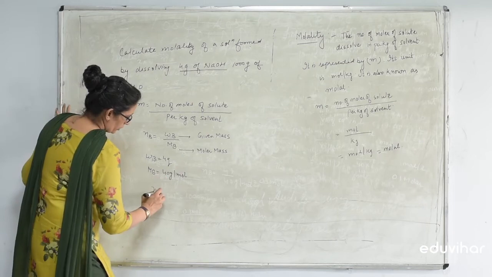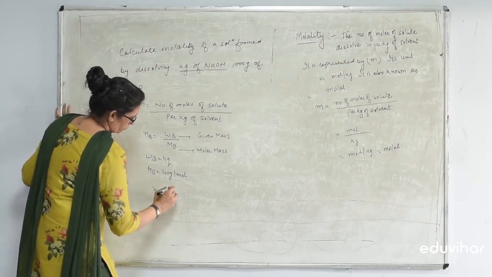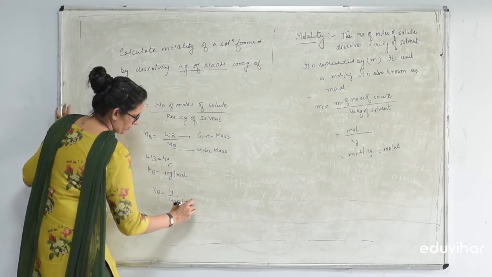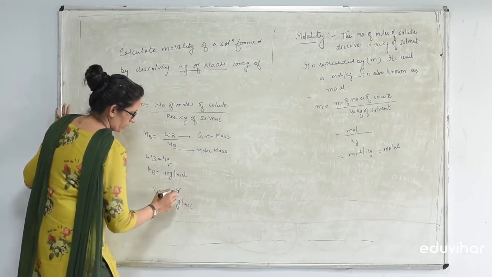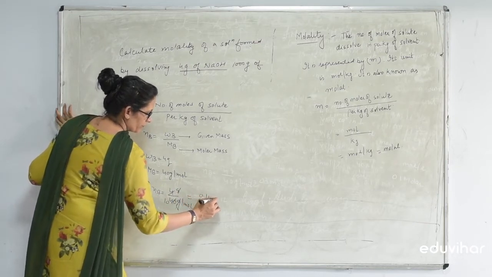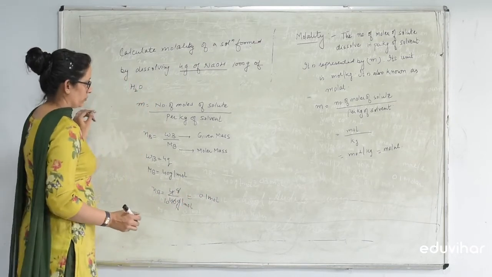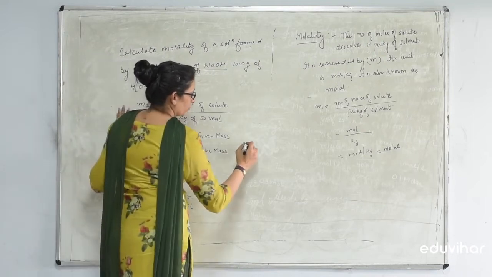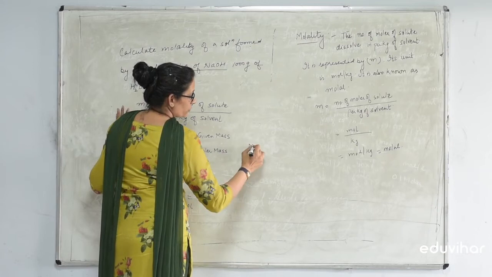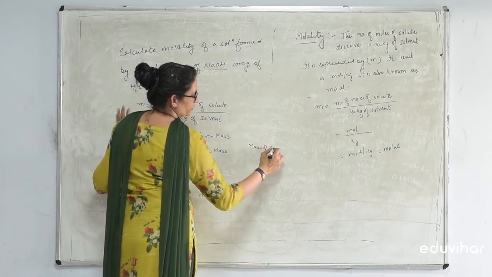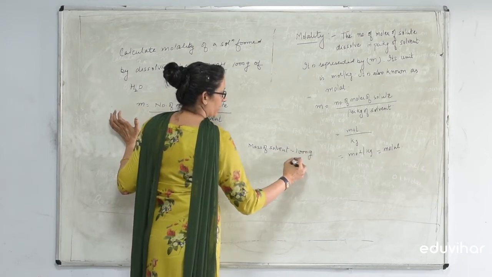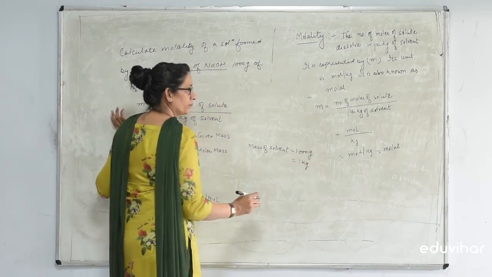Then Nb is equal to 4 upon 40. This is gram per mole and this is gram, so gram to gram cancel out. 1 by 10 becomes 0.1 mole. Then for molarity, the mass of solvent is 1000 gram, and this can be written as 1 kilogram.